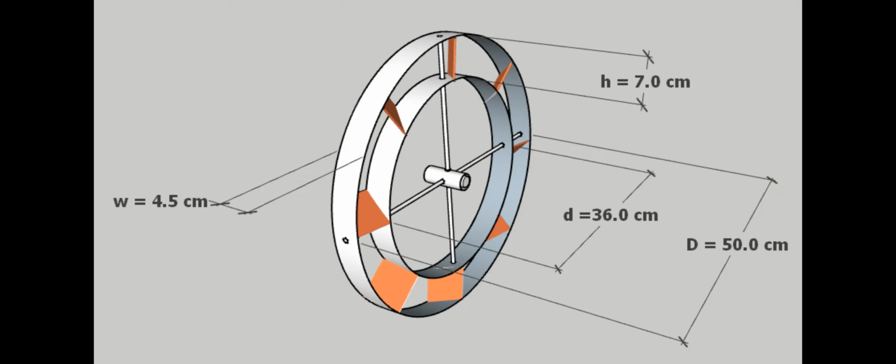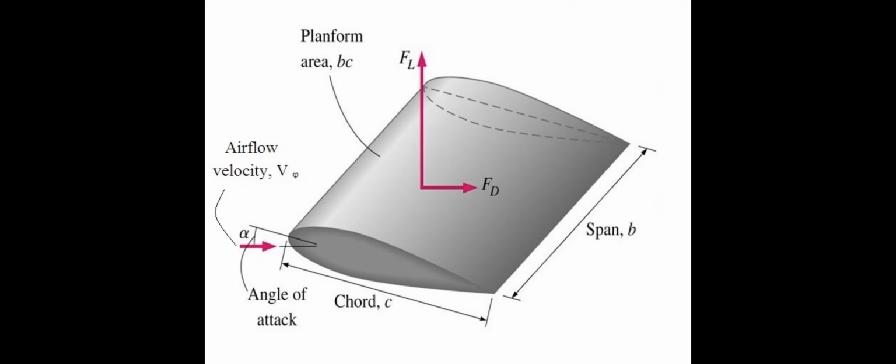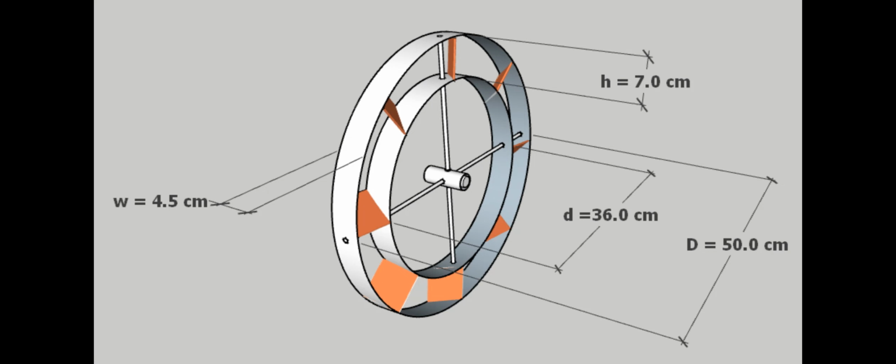And in the space between the two cylinders, there are placed a number of aerodynamic vanes or blades that we usually call airfoils and can be seen as miniature aircraft wings. They are represented with an orange color in the picture, where you can see there are 8 airfoils, but there can be more. There can be 16, 24, or even less airfoils.